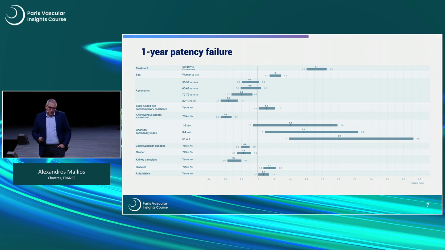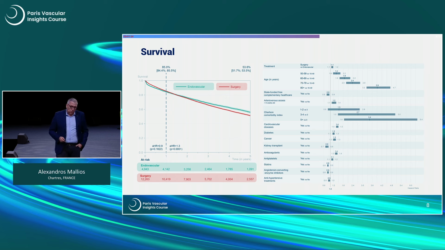Regarding the confidence intervals between different factors, you will see that women did worse, surgery did worse, and of course, the more diseased the patients were, the worse the results we had. What about overall survival? Well, again, endovascular did better.